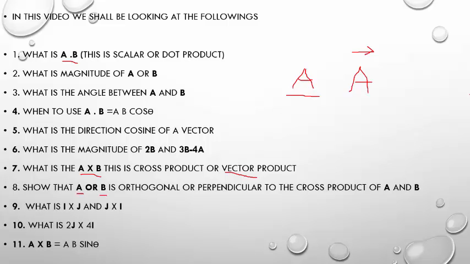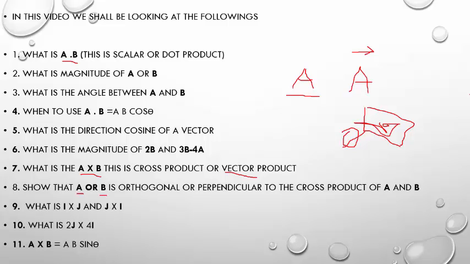So if I have vector A and I have vector B, the cross product will be perpendicular to this plane. This is their cross product, which is vector C. It is perpendicular to their plane.